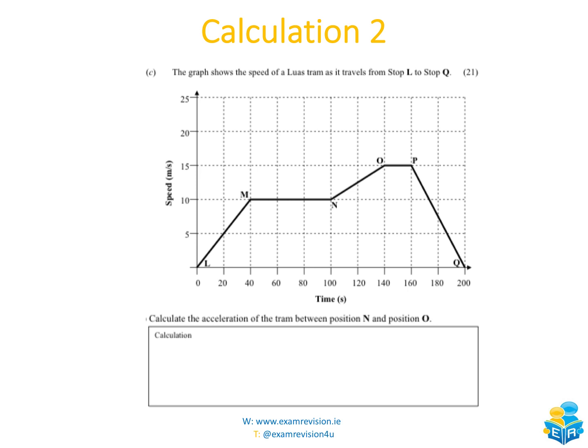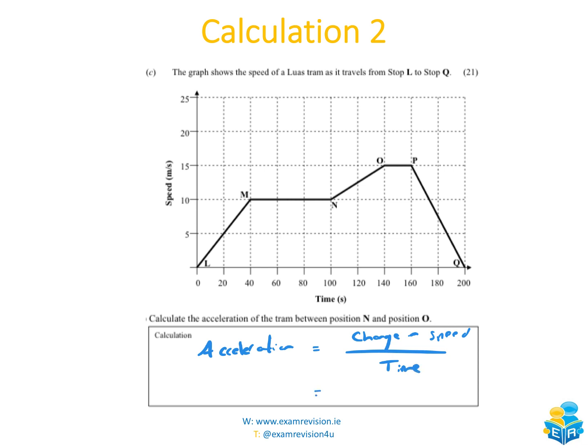The graph shows the speed of a Lewis tram as it travels from stop L to stop Q. Calculate the acceleration between points N and O. So if we look at N and we look at O, at point N, our speed was 10 metres per second. At O, our speed was 15 metres per second. So acceleration is the change in speed over the time taken.